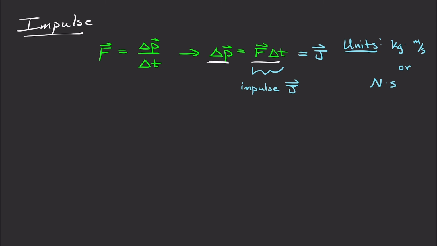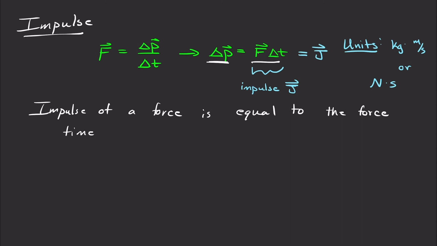Okay? So we say that an impulse of a force is equal to the force times the time interval over which the force was acting, so over which the force was applied.